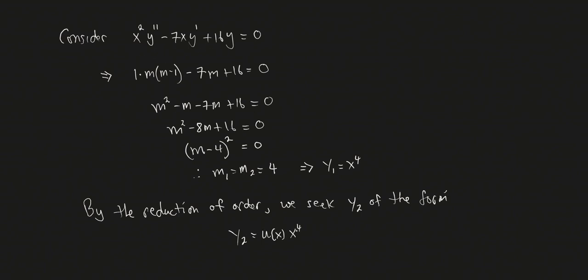So what we're going to do is assume that our second function of this form will satisfy the differential equation, and then see what has to be true about the function u of x.